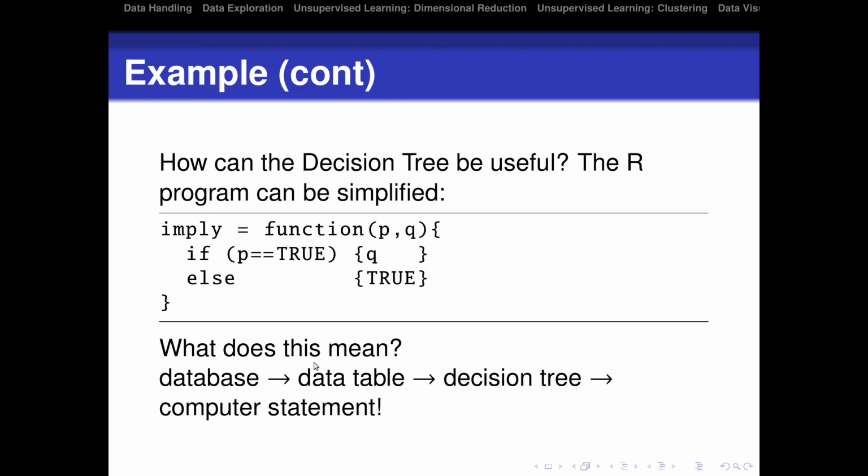So what does this example mean in general? What it means is we can think of it as a very special case of a general situation where we have a gigantic database. The database of any company will consist of information related to the operations of the company, the employees of the company, the customers of the company.